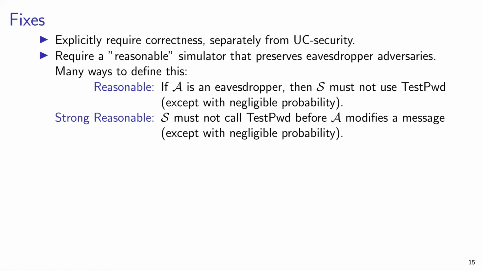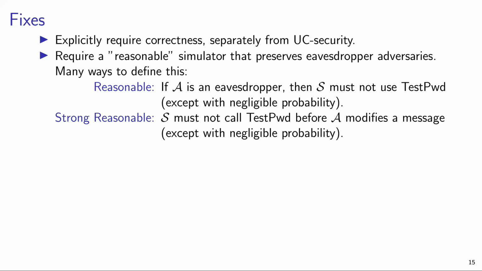So if the adversary is an eavesdropper, meaning it doesn't modify any messages, it just eavesdrops, then the simulator must not use test password except with negligible probability. Next is a strong reasonable simulator, which is a slightly stronger notion, at least it looks like it's slightly stronger initially. It additionally requires the simulator to not call test password before A modifies a message, even if A is going to later modify a message.